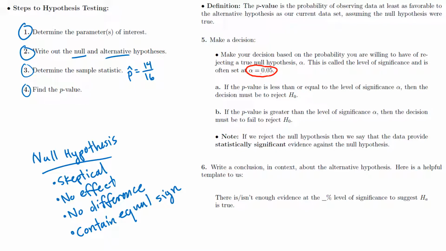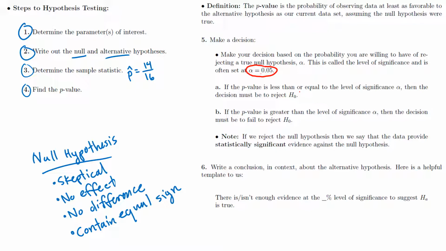And if you think of something happening 1 out of every 20 times, that's pretty rare, right? So what we're saying is that if our p-value, how often I expect to see samples like mine, is 1 out of 20 or less, or 5% of the time or less, then the fact that my sample did turn out that way makes me fairly comfortable saying, well, maybe the null hypothesis is incorrect.